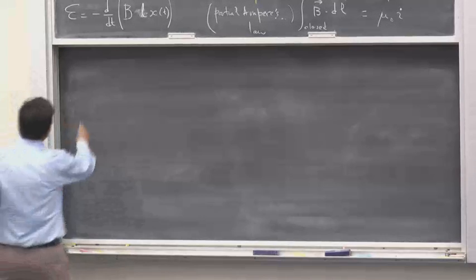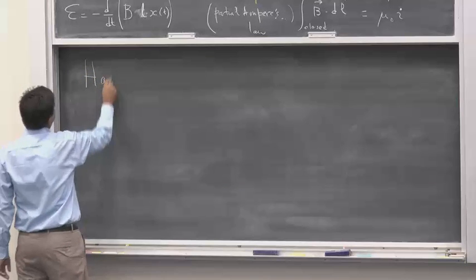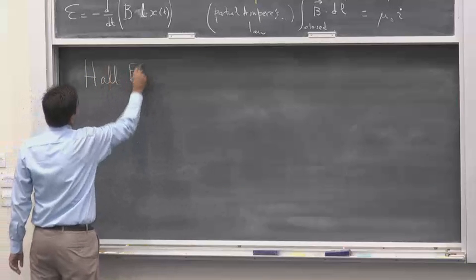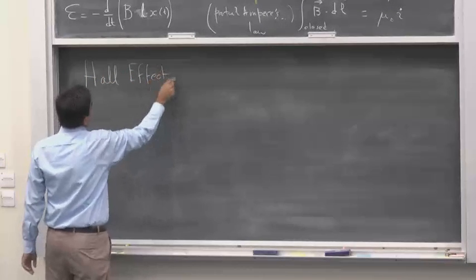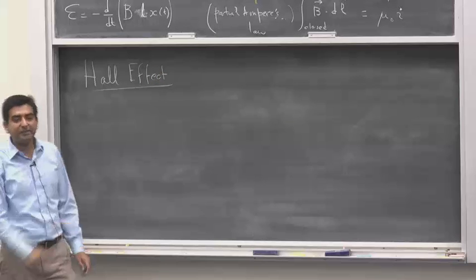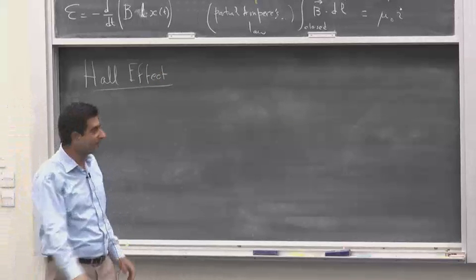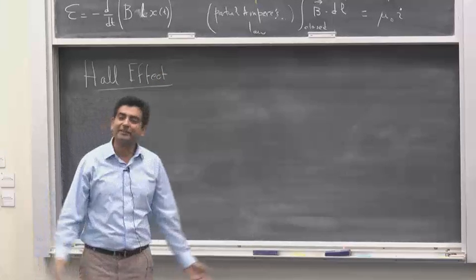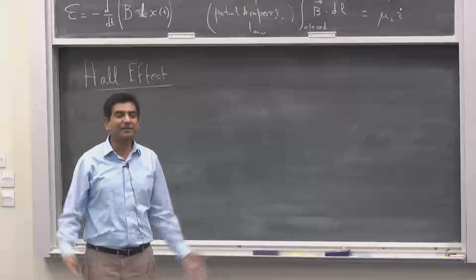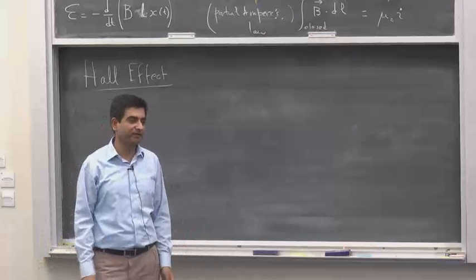Now I would like to talk about the related effect called the Hall effect. Some students have already done an experiment on the Hall effect in the laboratory. In the Hall effect, nothing moves, but still you have a separation of charges.